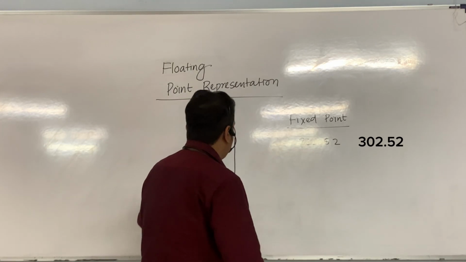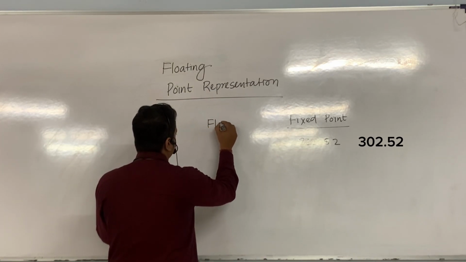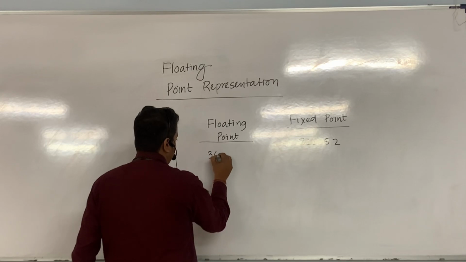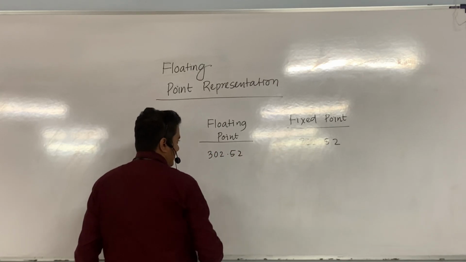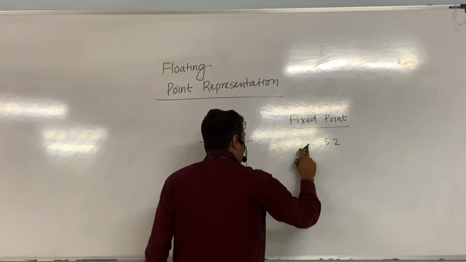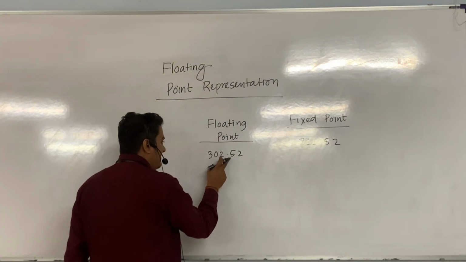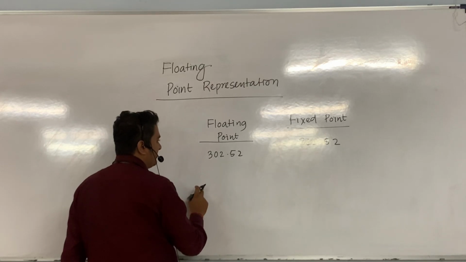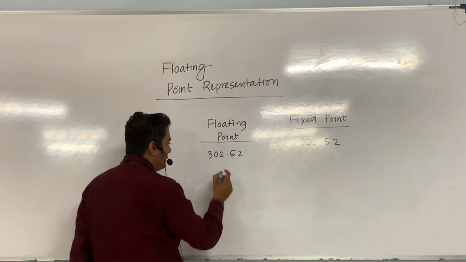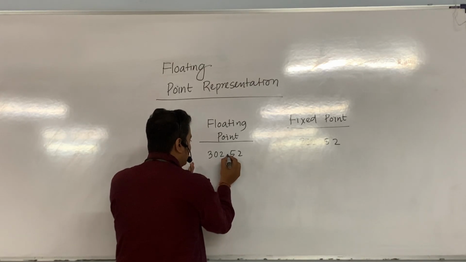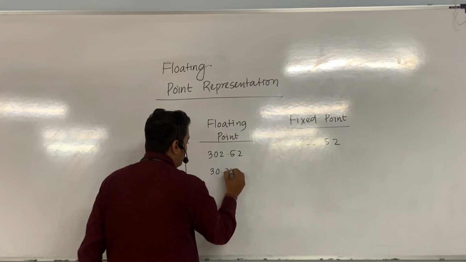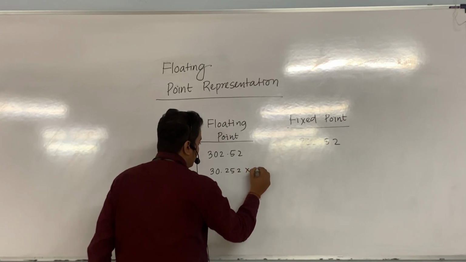For an example, I am writing floating point, and I am giving the same number, 302.52. Now here the decimal point cannot be moved, but if I move this decimal point, then I can tell that this is floating point representation. How can I do it? Suppose I move this decimal point towards the left. That means I am writing 30.252 into 10 to the power 1.